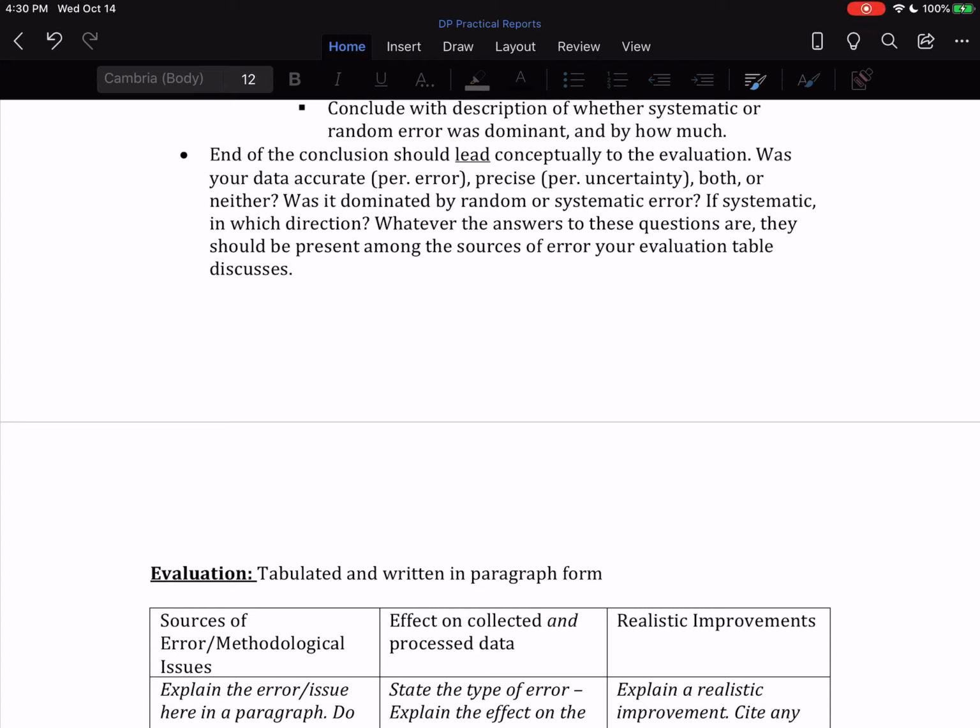You are looking in your evaluation to discuss sources of error that are in fact responsible for your results. Not only do you want to discuss possible sources of error, you want to get it right. You want to get why your values were off to the extent that they were off.